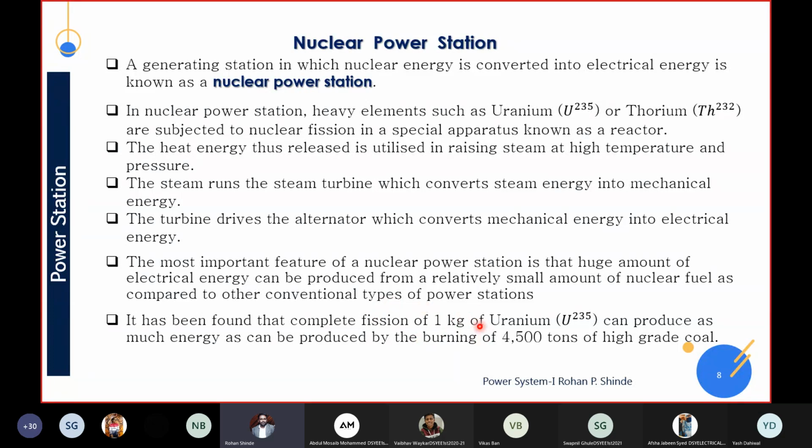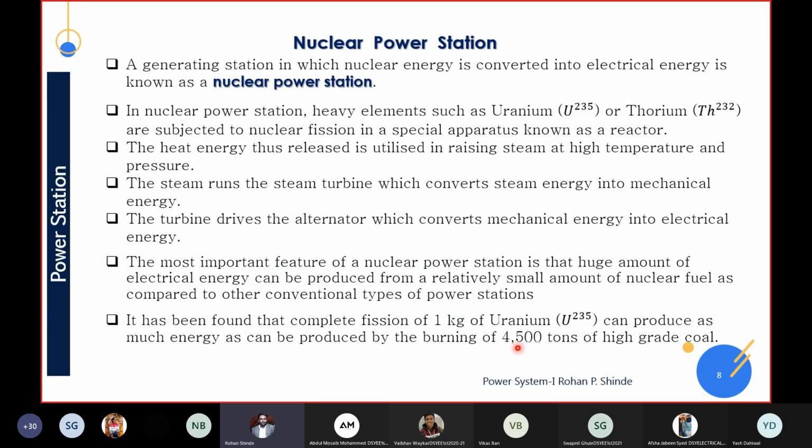That means see here, in a coal based power plant we use so much coal, that is 4,500 tons of coal, and after using all that, the energy we get is the same energy that has been produced by 1 kg of uranium, that is complete fission of 1 kg of uranium in a nuclear reactor. That means only 1 kg uranium can produce the same amount of energy that can be produced by burning 4,500 tons of high grade coal.